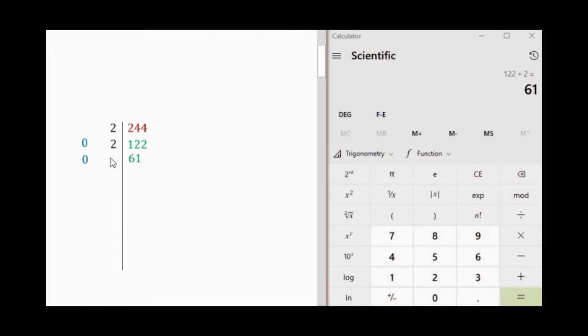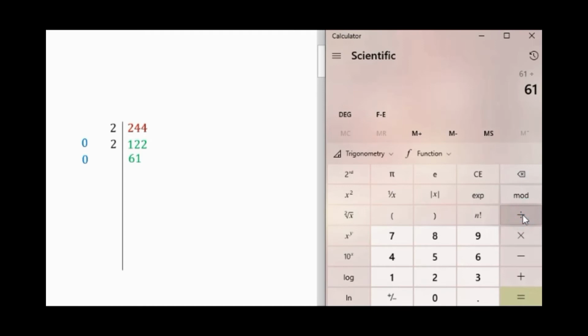This is the quotient that we have obtained, 61, and this is the remainder 0, because we obtained exactly 61. Again, we will divide 61 by 2. The result now is not exactly 30, it's not an integer number, it's 30.5.